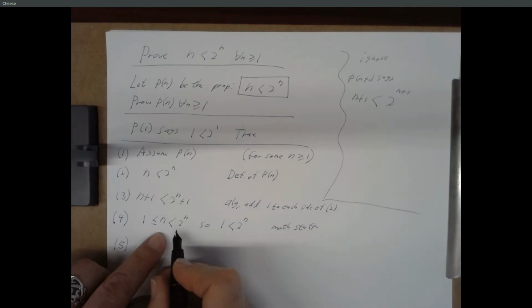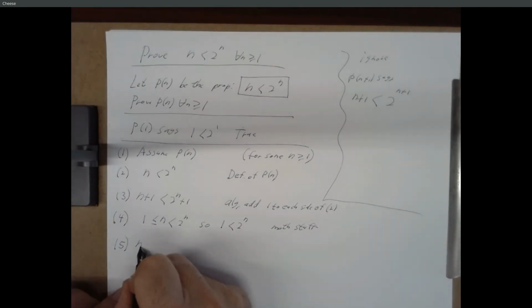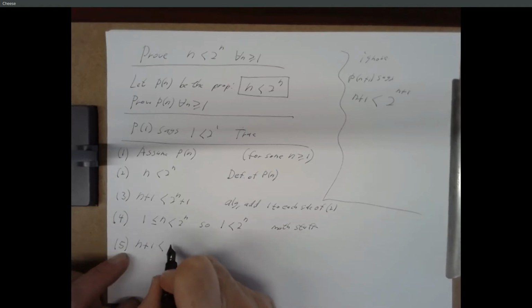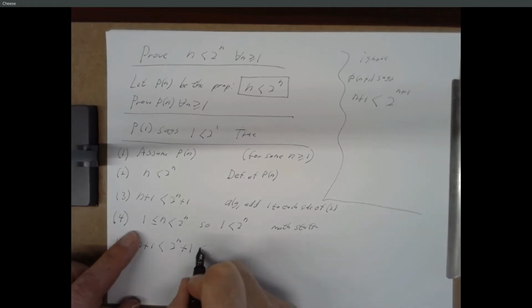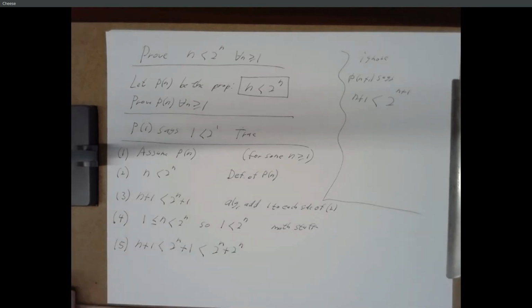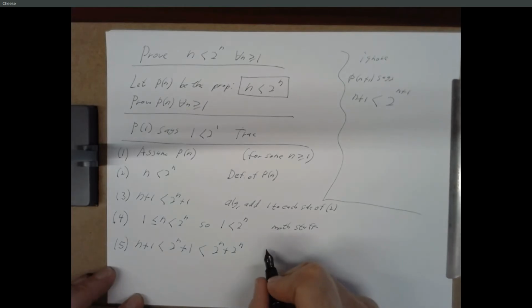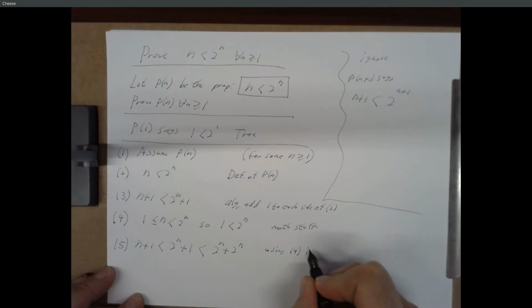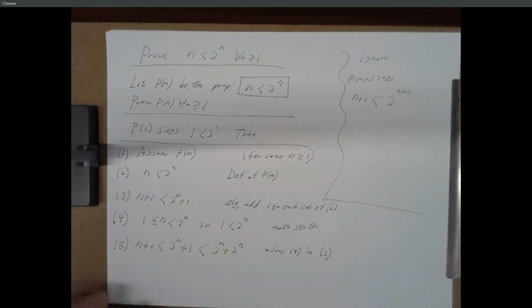So I'm going to plug this fact into statement 3 and say n plus 1 is less than 2 to the n plus 1 is less than 2 to the n plus 2 to the n. And that's just using 4 in statement 3.